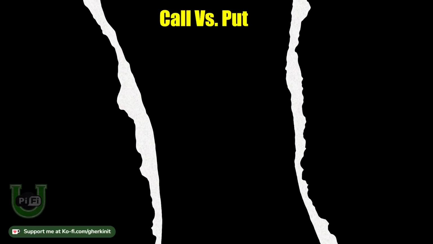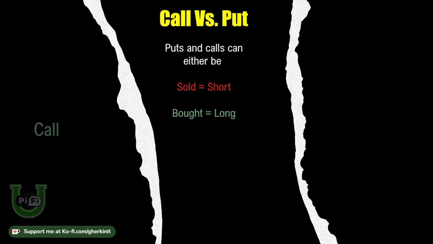There are two types of options contracts, the call and the put. Puts and calls can either be sold, known as a short position, or bought, known as a long position. The call option is generally purchased in the hopes that the underlying will increase in price.